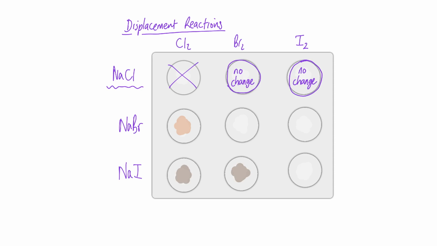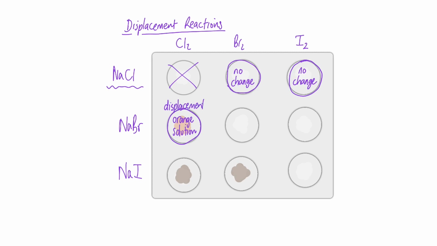In my second row, when I add chlorine here to the sodium bromide, I would see a kind of orange brown solution. So I would have a change there. And that change tells me that a displacement reaction has happened.